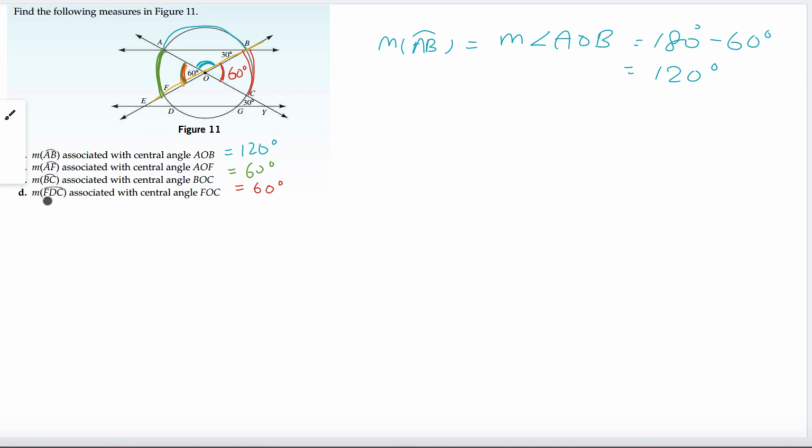How about the measure of angle FDC? It may be major, but let's see. F is here, D is here, C is here. It's not actually a major arc, but to make it clear, they put another letter in between. So the measure of angle FDC has to be associated with the central angle FOC.